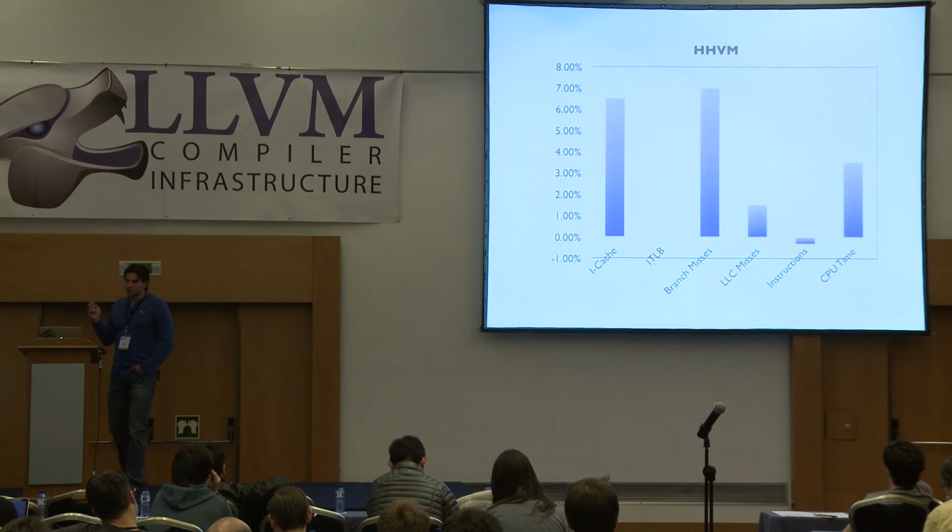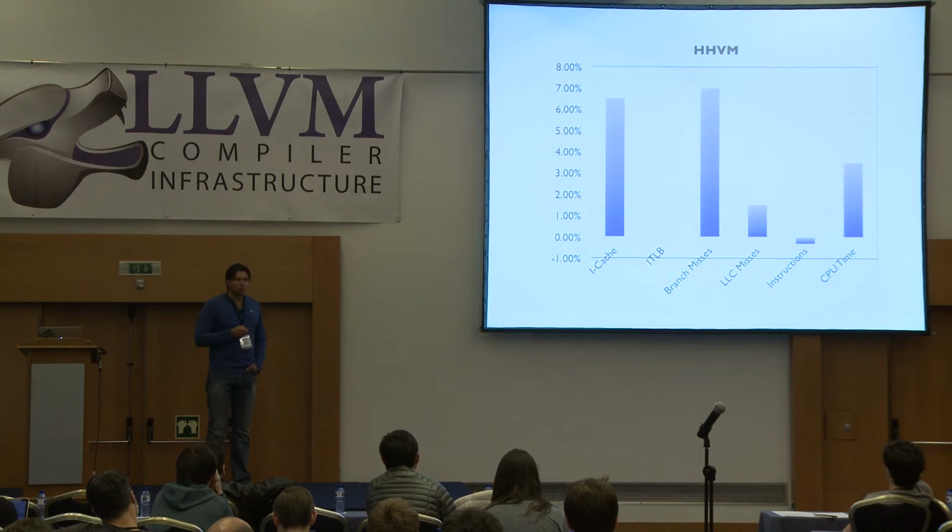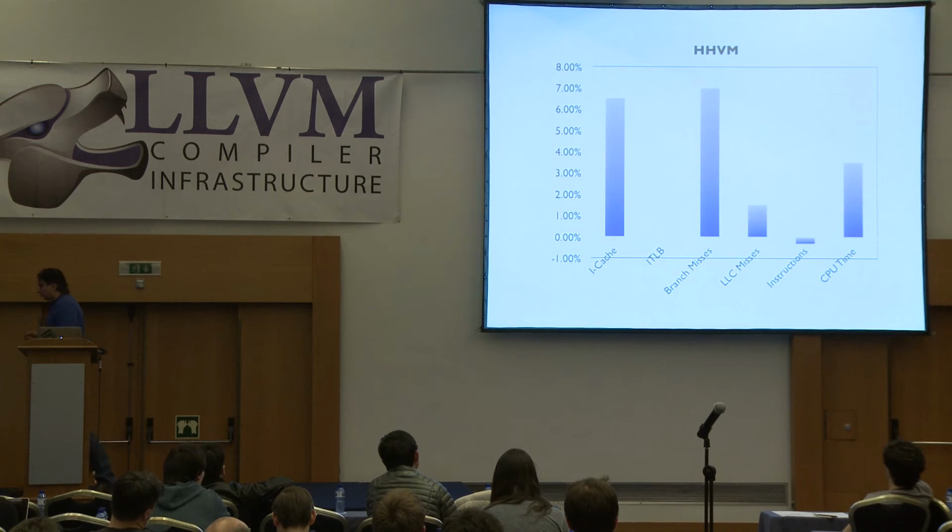And here are the results. We improve the iCache miss rate by about 6.5%, and similar for the branch misses. Notice that ITLB is not actually improved. I suspect it's mostly because we don't run into ITLB issues since we use huge pages for hot code.